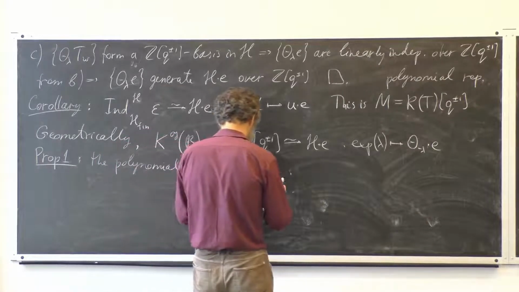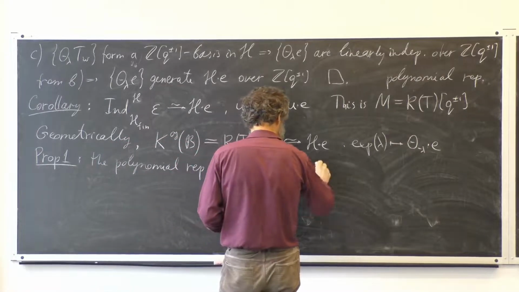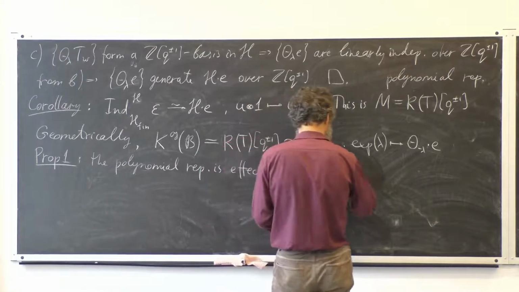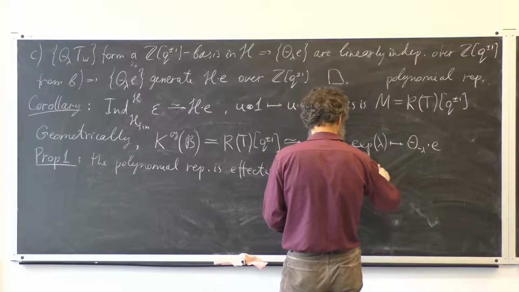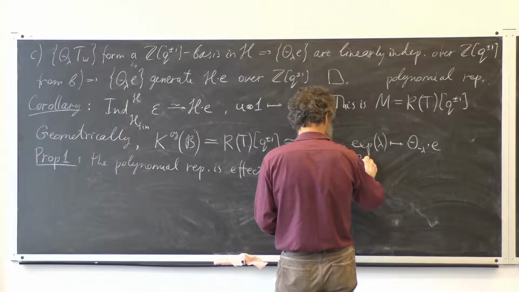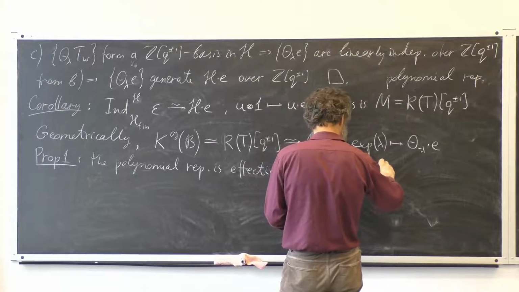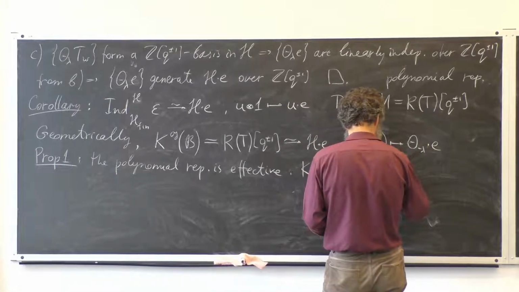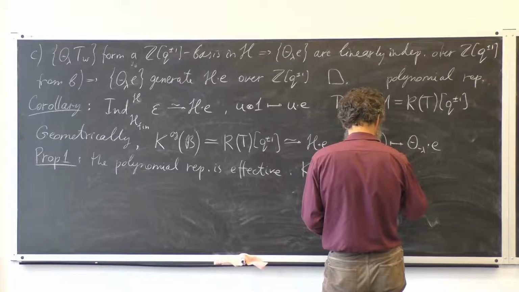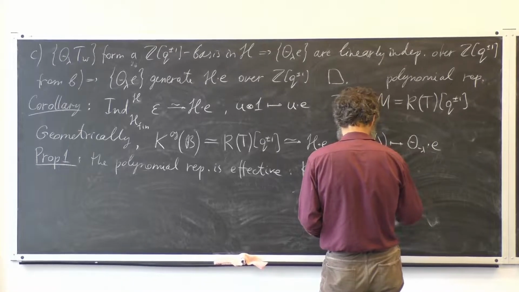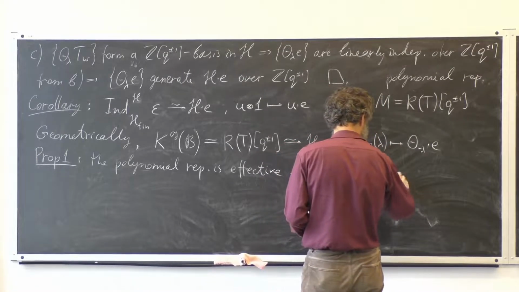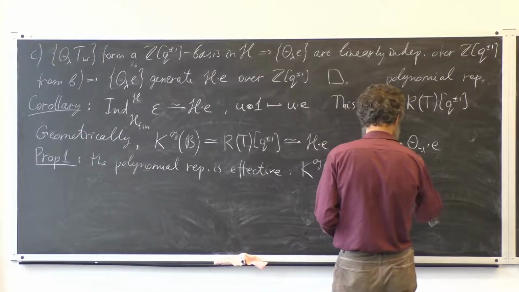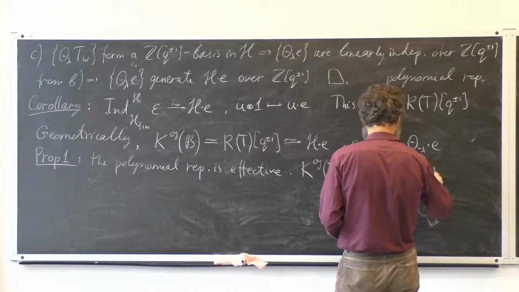That is the equivariant K-theory of Steinberg embeds into, so let's call it rho Z, into endomorphisms over representation ring of our group over this module.